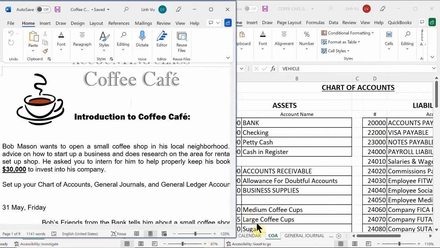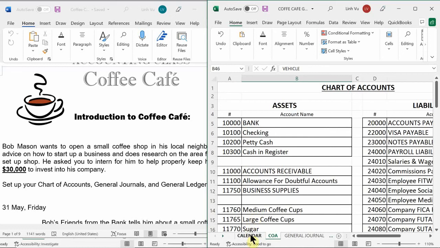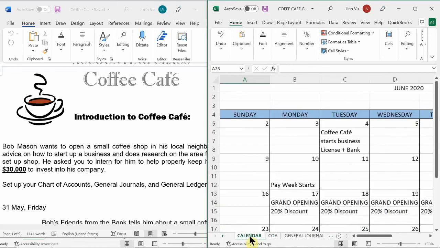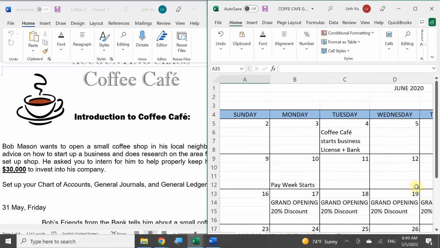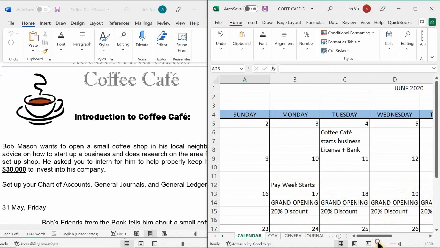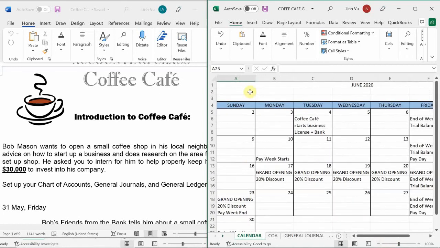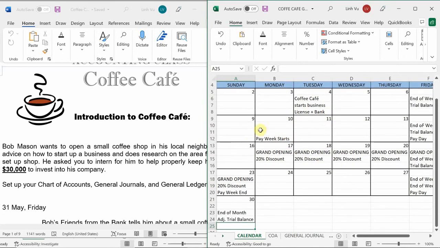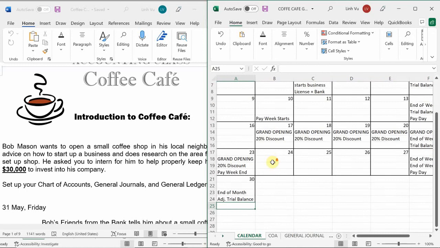As I've mentioned, if you're working on this journal here, we have a calendar of how everything's going to be going. If you take a look at the overview here, we've got a payroll period. We've got when we actually start getting Coffee Cafe ready. When do we actually start selling our products, or open our store? Things like that.